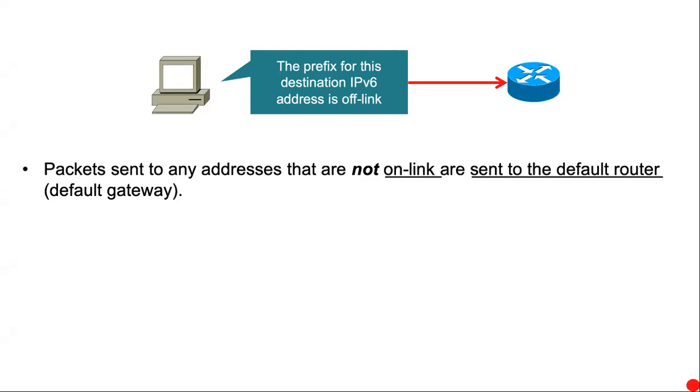Again, it's the L flag set to 1 and the prefix in the RA message that tells the device, hey, this is the prefix of the link that you belong to, your local network. A little different than IPv4.